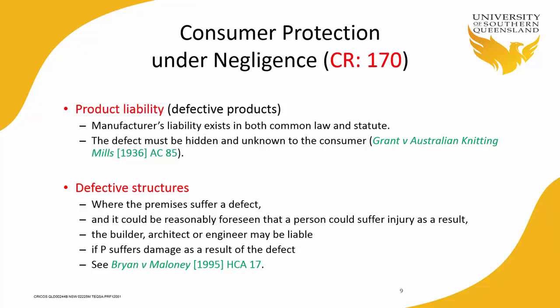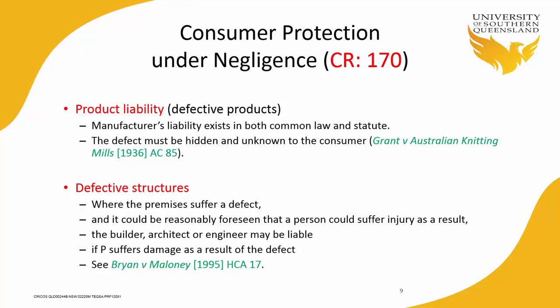Alright, so we can then move on to talk about product liability under still this second learning objective of consumer protection under negligence, and this starts on page 170, and it's really straightforward. It says again that manufacturers are liable under both common law and statute.